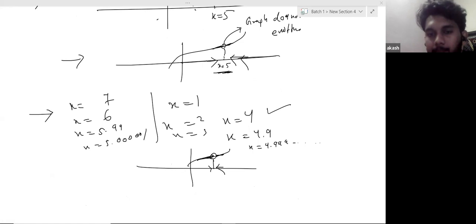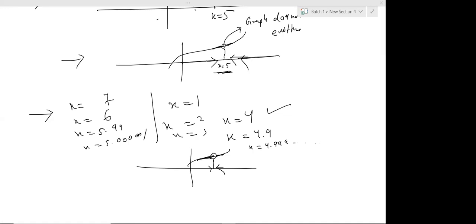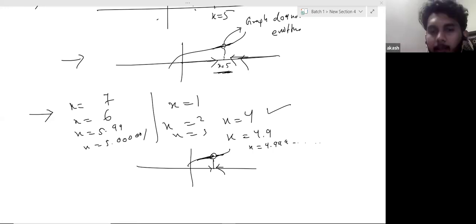Is this clear, Gautam? Yes, sir. Okay. Shravya, Arsalan, Abdul? Yes, it tends to approach the value. All right, that is called limit.